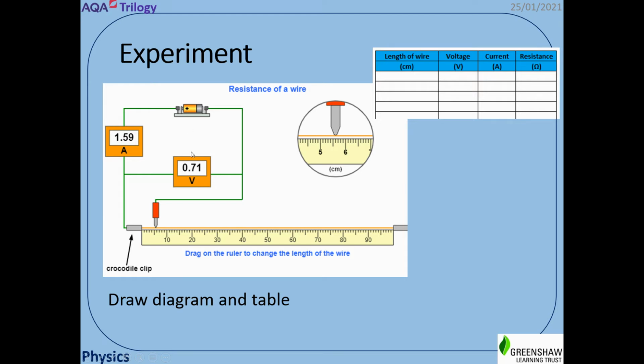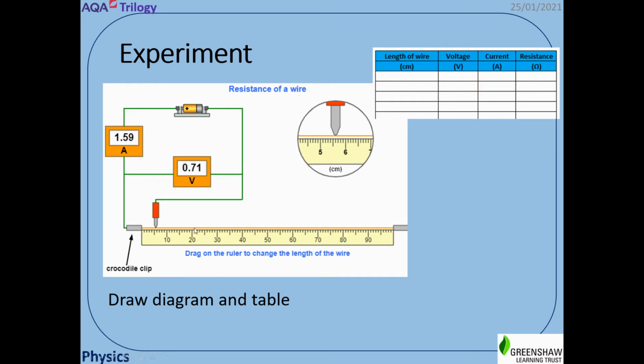And we've got the voltmeter, and if you notice, this is in parallel across this wire. On the simulator, I will be able to move where this crocodile clip is on the wire, and so we can effectively vary the length of this piece of wire that we are measuring the resistance over.